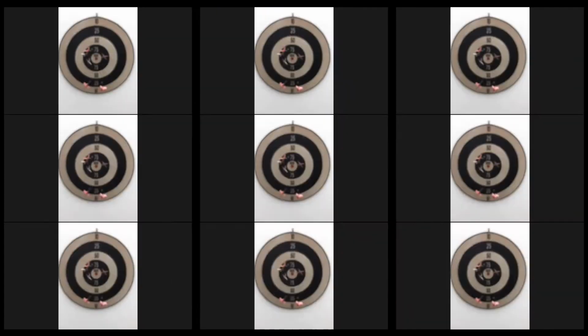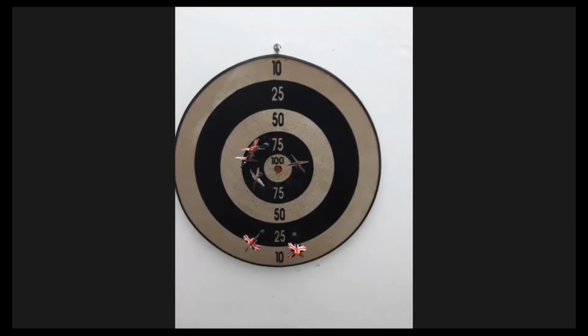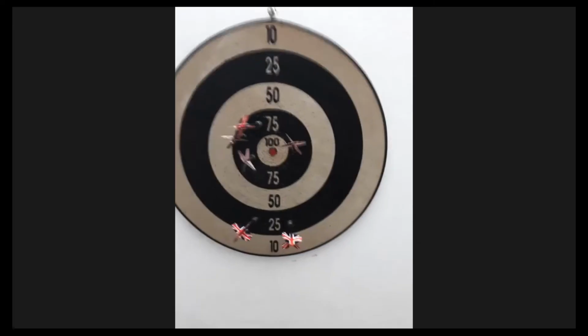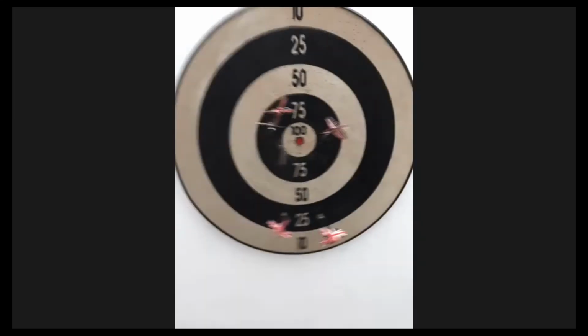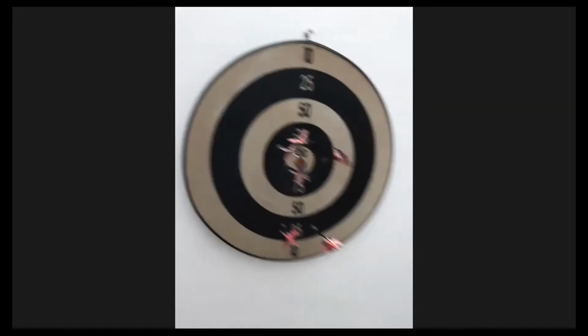So basically we're going to be talking about this. We've got a very important physics concept to explain using this. So yeah, the idea of playing darts is you're supposed to hit the bullseye.